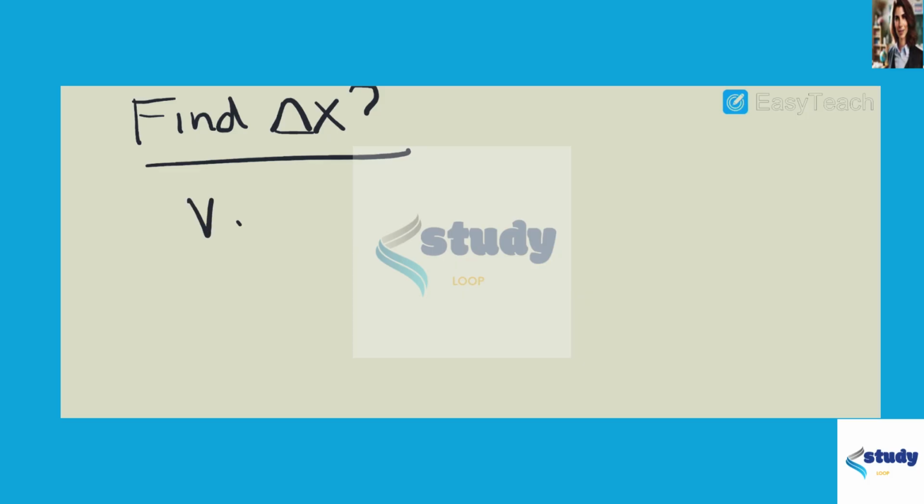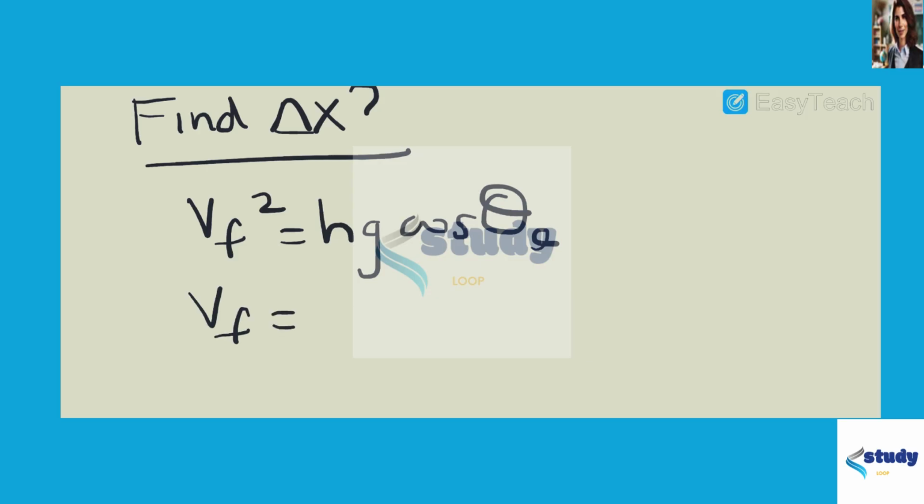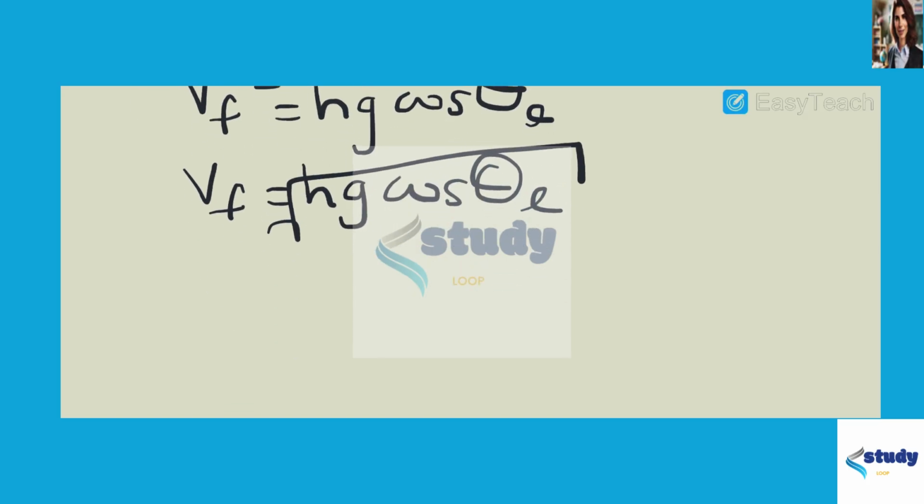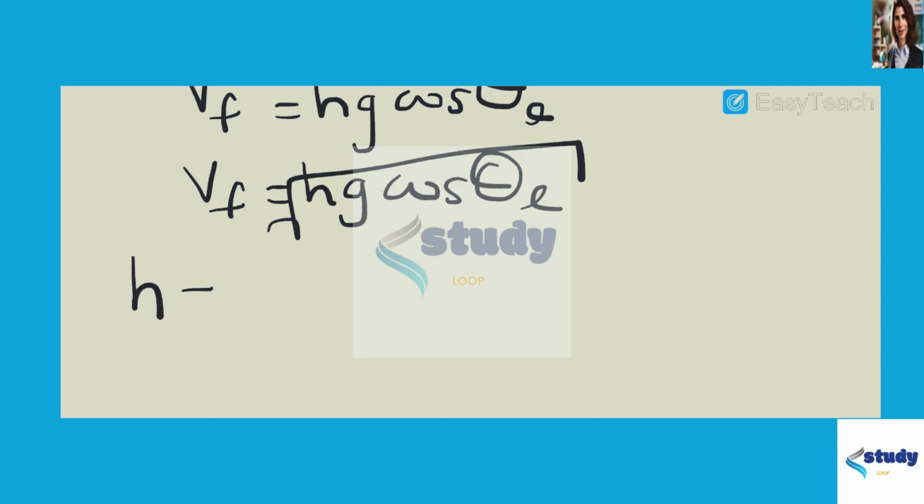If you recall, vf is equal to the square root of hg cosine theta L. As you might also recall, the height at which we lose contact is going to be h1, and that's equal to h cosine theta L.